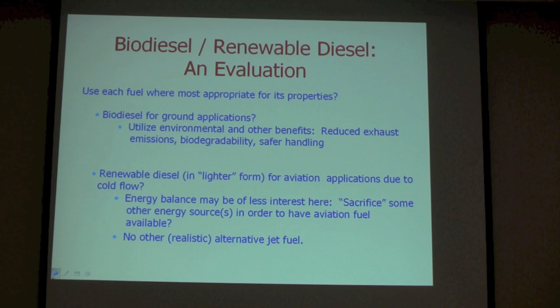I also point out that the energy balance I talked about a slide or two ago might be of interest for aviation applications because there's really no viable alternative aviation fuel out there. So you might actually consider sacrificing some energy just for the sake of having that kind of fuel. That's another matter. So anyway, next slide.